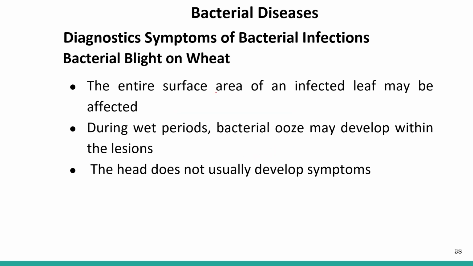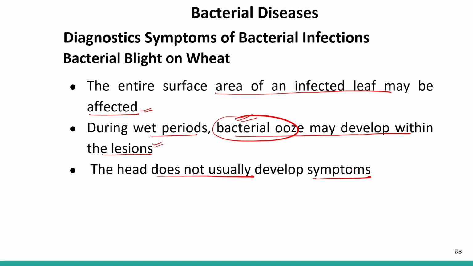The entire surface area of an infected leaf may be affected. During wet periods, bacterial ooze may develop within these lesions. Sometimes the bacteria ooze out from the lesion, and the head does not usually develop these symptoms.